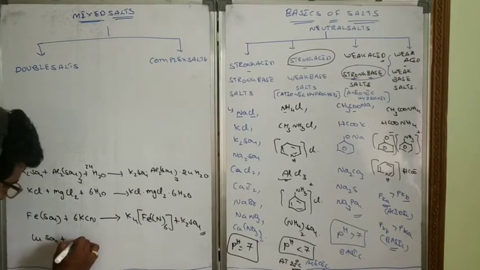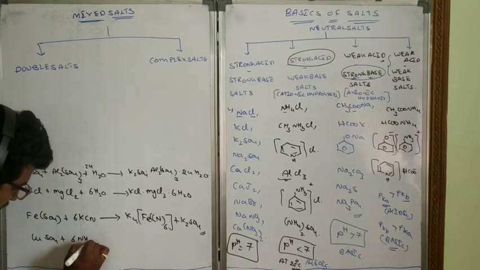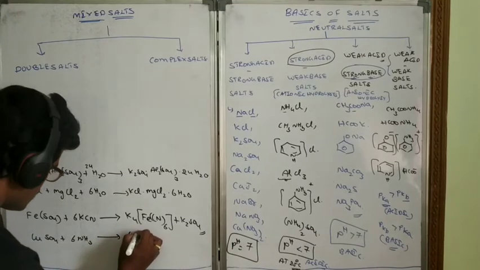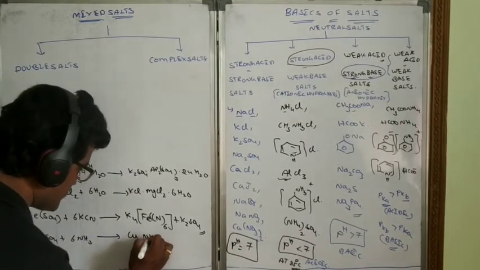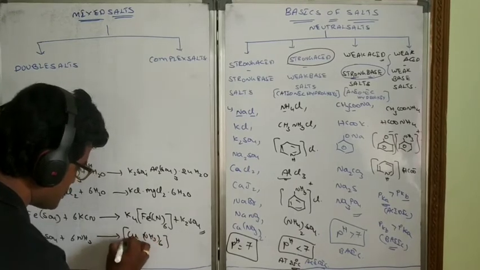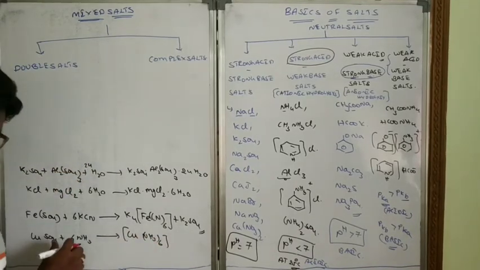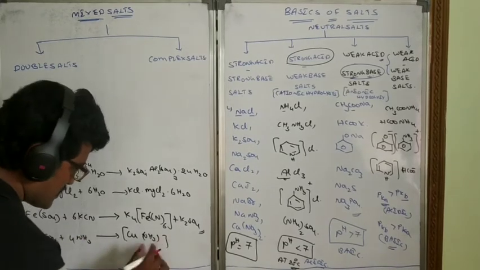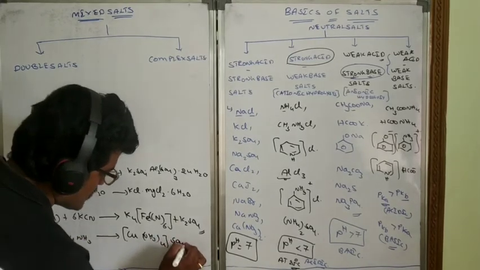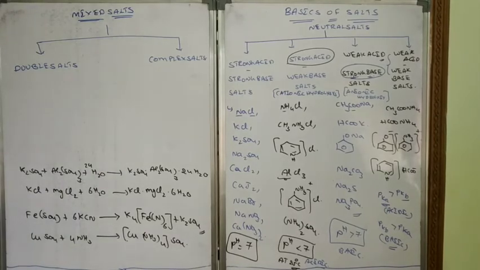CuSO4 plus 6 NH3 gives [Cu(NH3)4]SO4 will come.